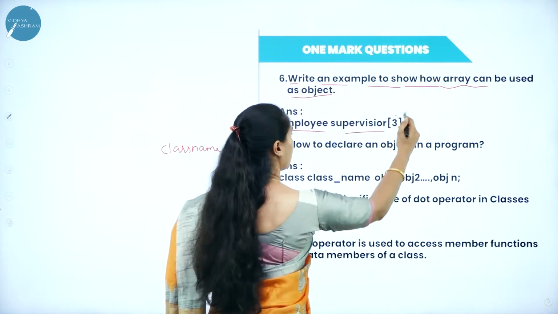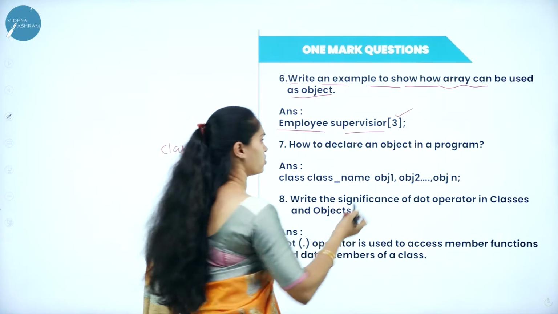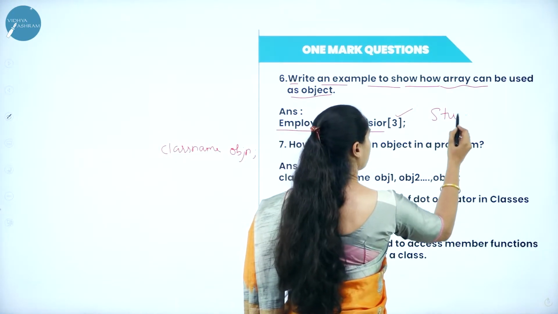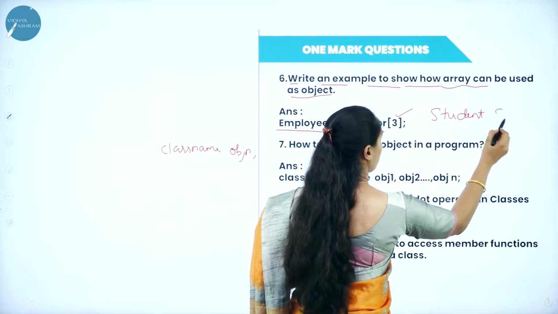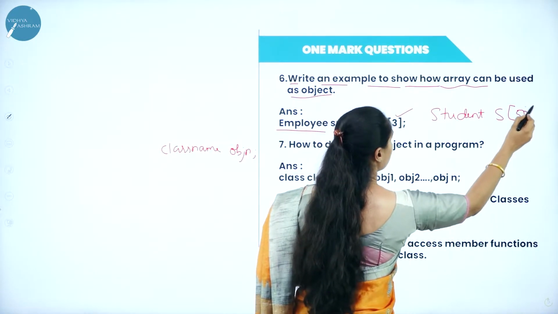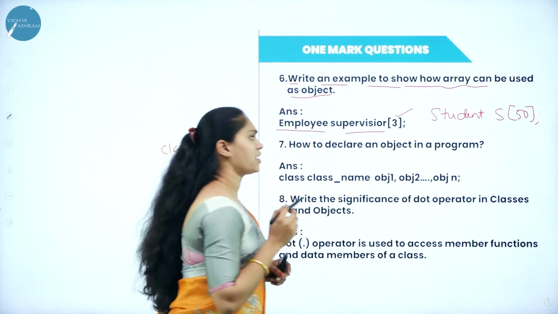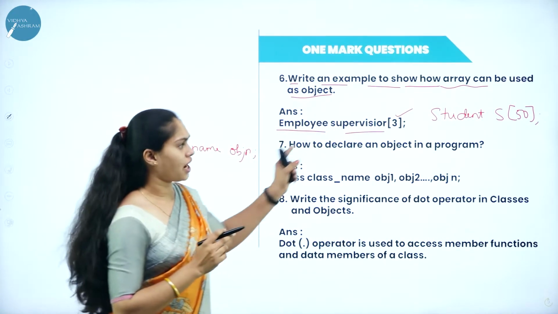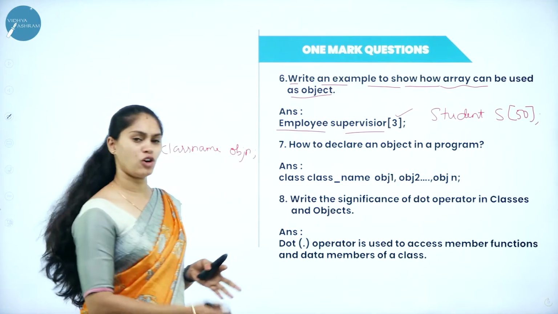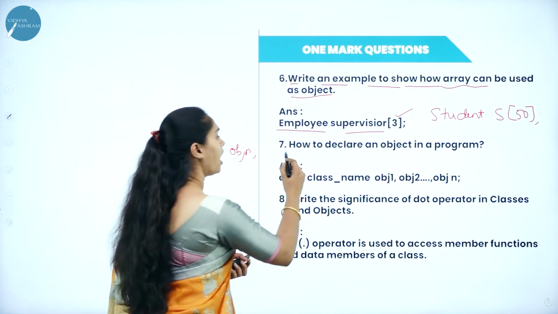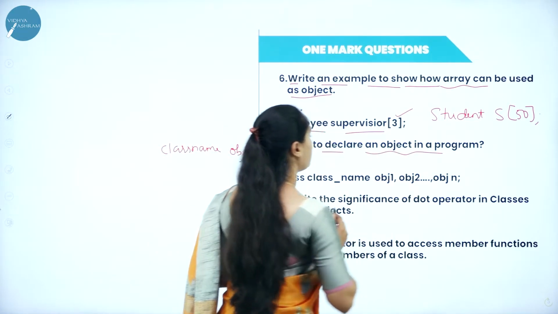You can take any other example also, like Student S of 50. Here Student is the name of the class, S is the array object and 50 is the size of that array of objects.